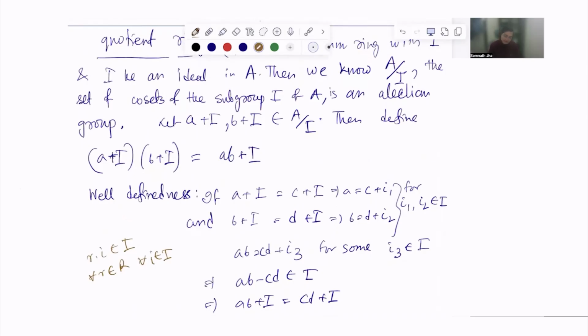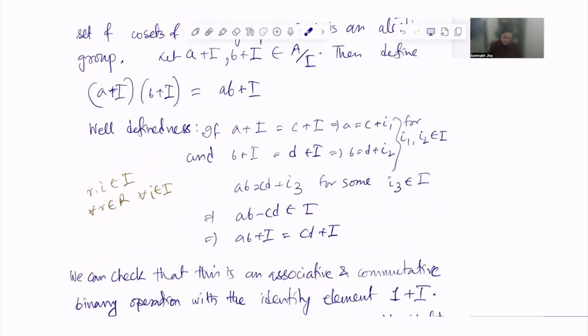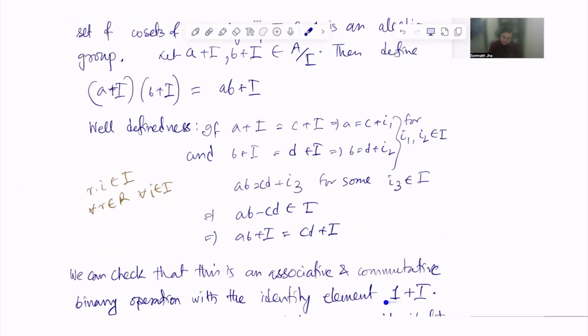Just simple checking. Once this multiplication is well defined, we immediately get that this is a commutative operation, the way it is defined, because (a + I)(b + I) is the same as ab + I, which is the same as ba + I, because the ring is commutative. An identity element is there, 1 + I. You can check this operation is associative also; it's not difficult to check.